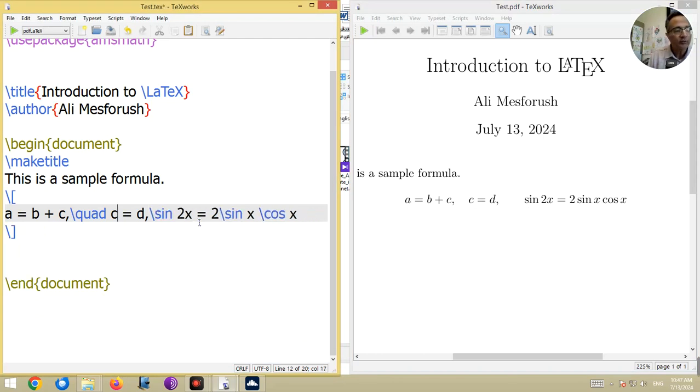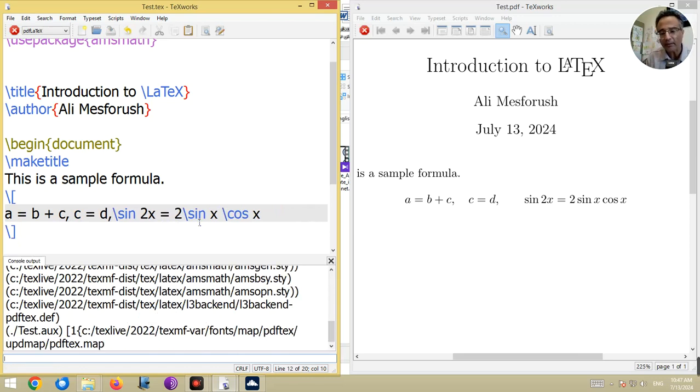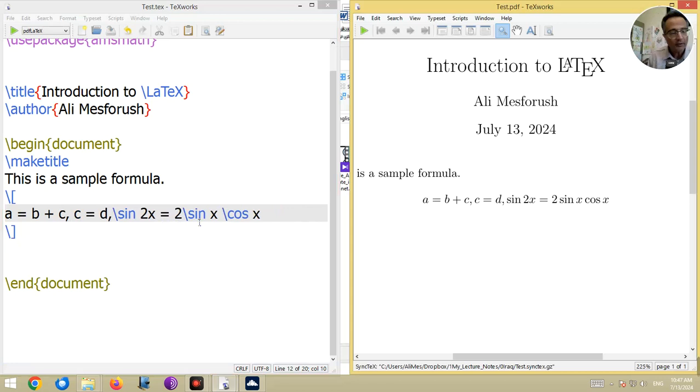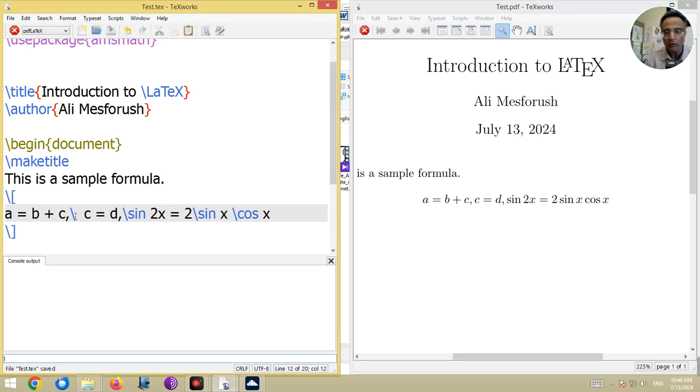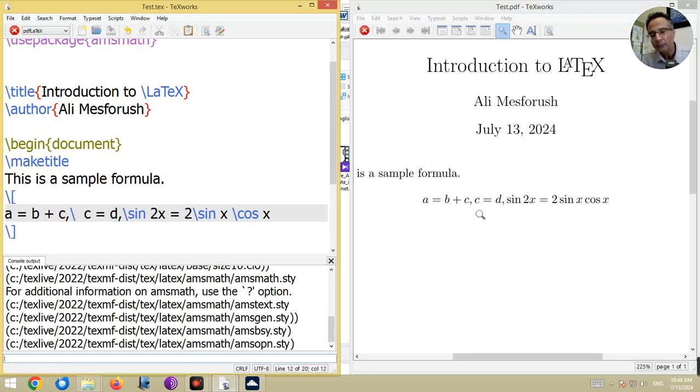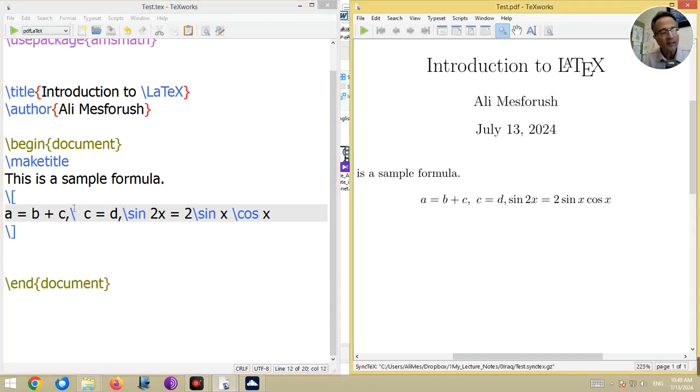You can use, for example, let me rerun the file again and I decrease the distance. Okay, now if you put here, for example, backslash space, look at the output. This is backslash space, okay?